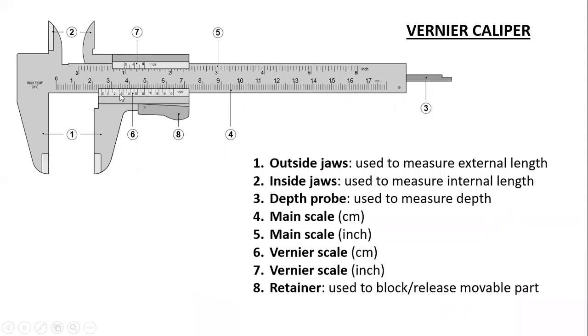But the vernier scale has 10 divisions, which means your 1 millimeter is further divided into 10 divisions. So the vernier scale is providing more divisions, more least divisions.